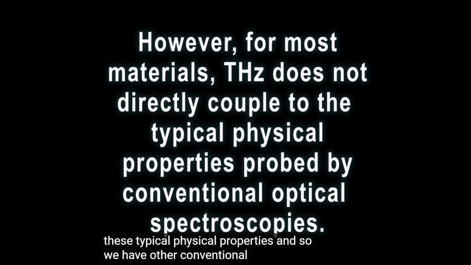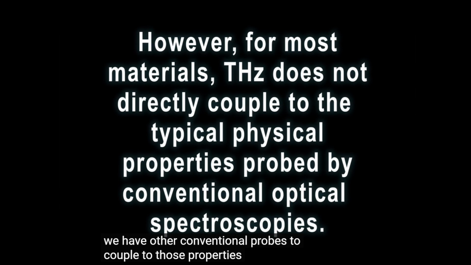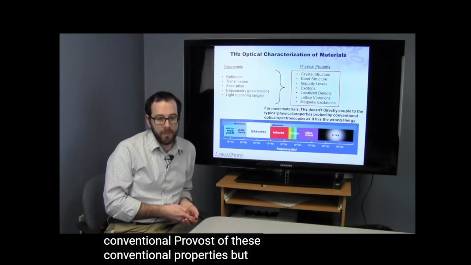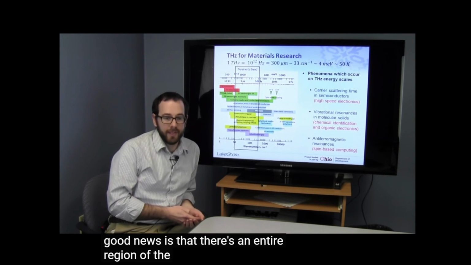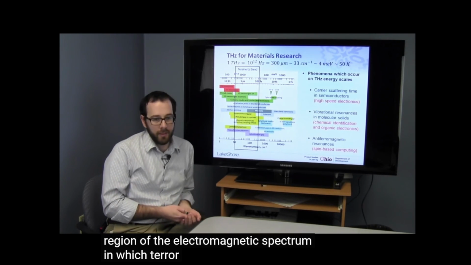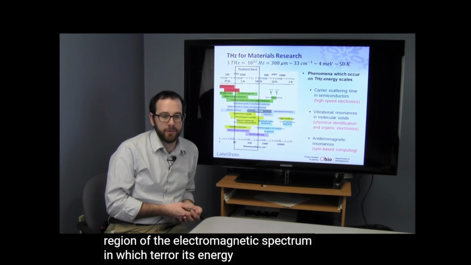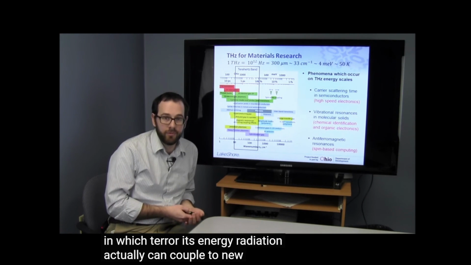We have other conventional probes to couple to those properties, but terahertz simply doesn't couple to most of these conventional properties. But the really good news is that there's an entire region of the electromagnetic spectrum in which terahertz radiation actually can couple to new phenomena.